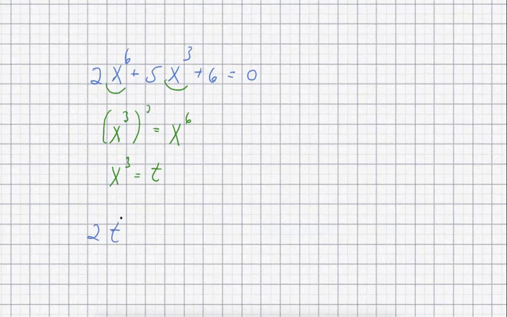The idea is always to get to a quadratic equation, because this is what we know to solve. Oh, because the 2 is on the outside. So 2t squared, and then plus 5t.